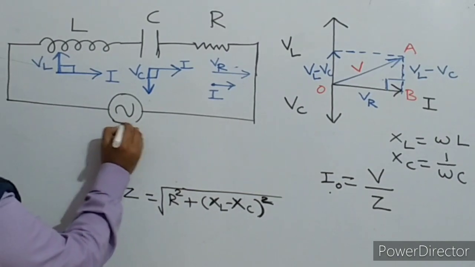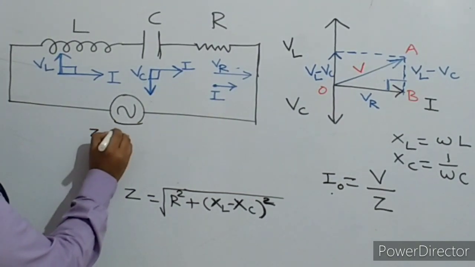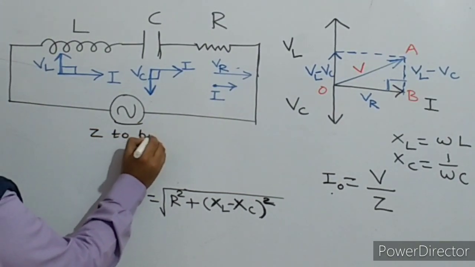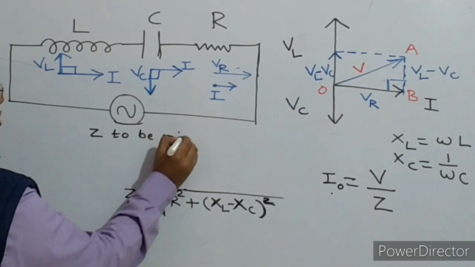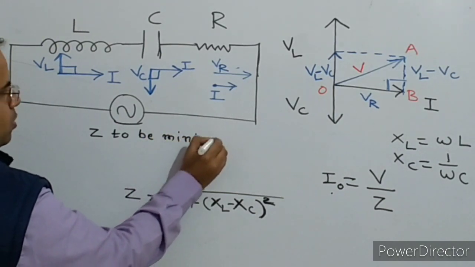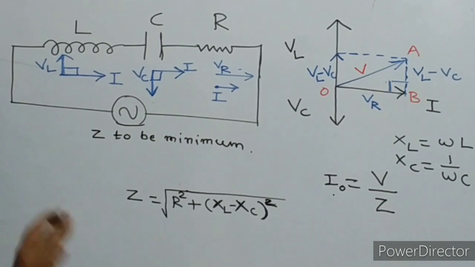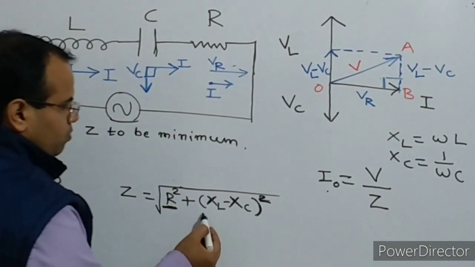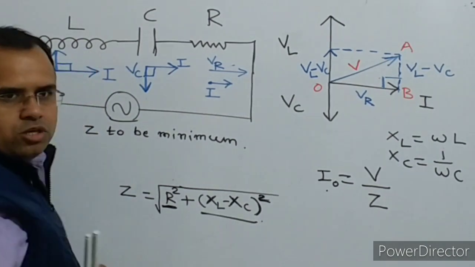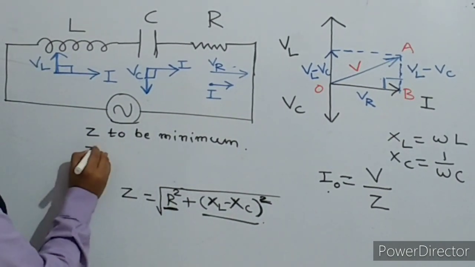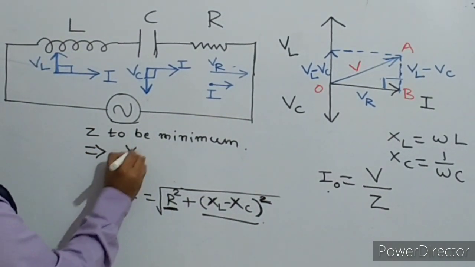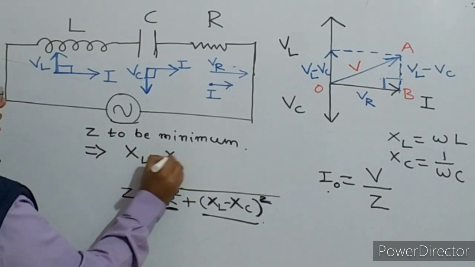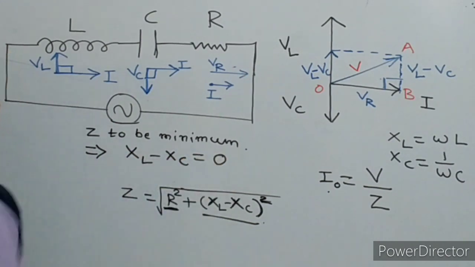The simplest way for Z to be minimum is this: since R cannot be 0, this term should be 0, and this implies XL minus XC should be equal to 0.